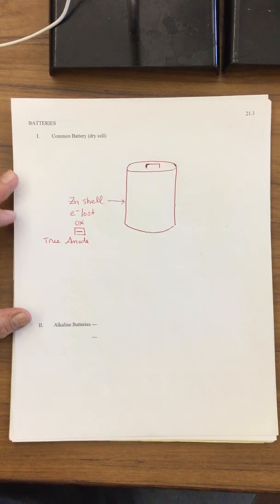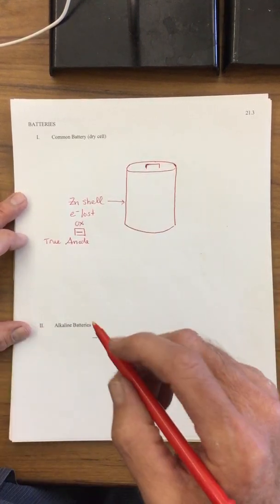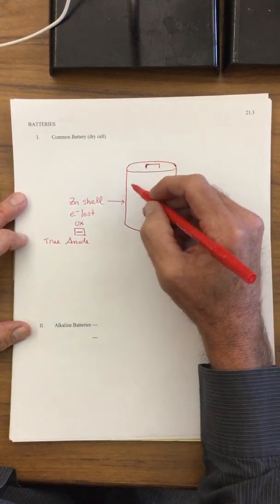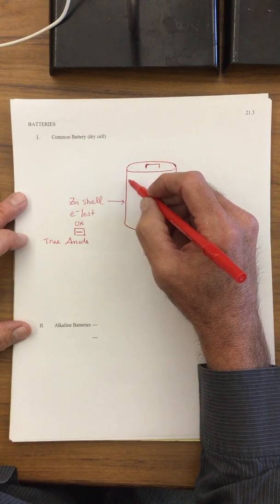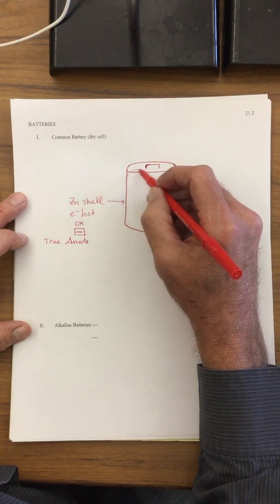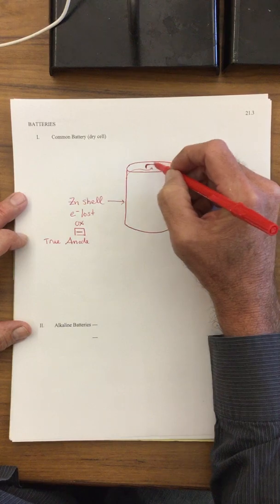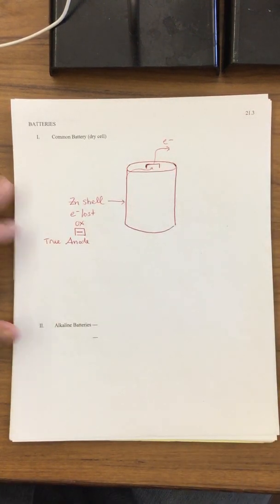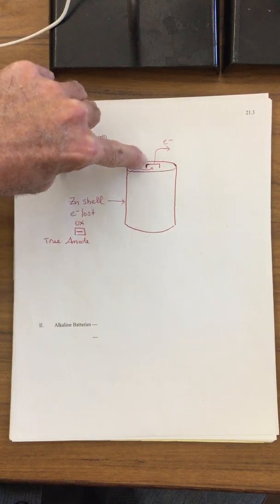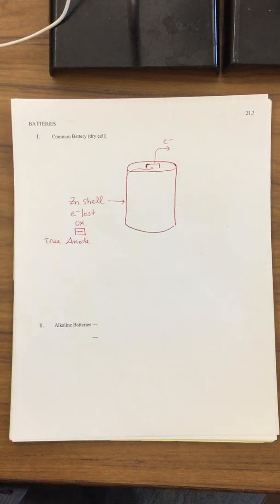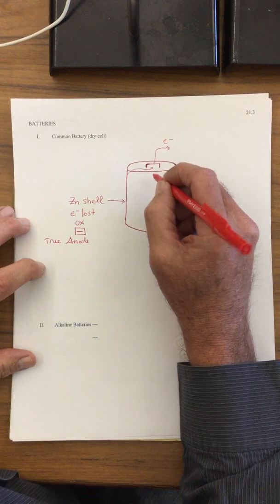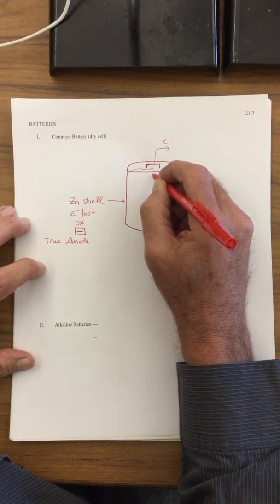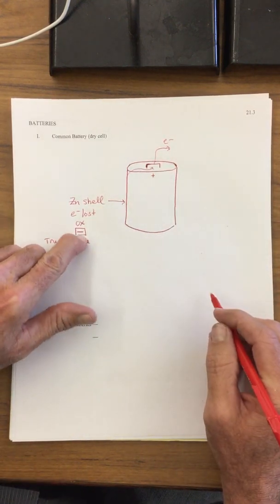The electrons come from this shell, and they are going to be traveling out through this nub. They travel through the top of this. Now, this is actually the true anode, but if you look at a battery, what's the charge on the top of a battery? The charge on the battery is positive, so I'm not going to put a box around that.